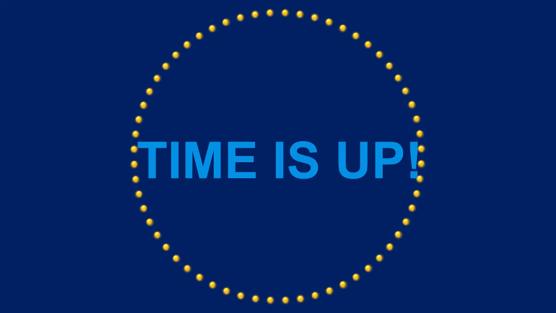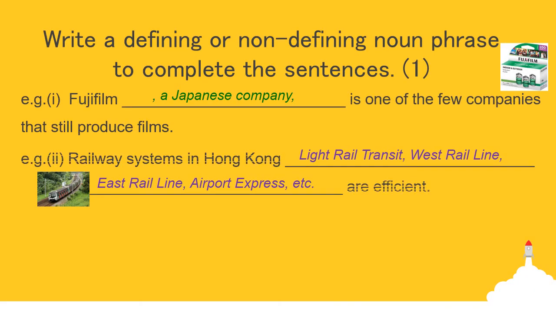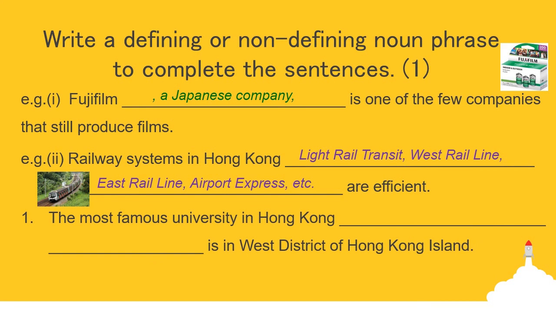Let's check the answers, shall we? The most famous university in Hong Kong, the University of Hong Kong, is in West District of Hong Kong Island. So you see here, the noun phrase is purple. That means it is a defining noun phrase.